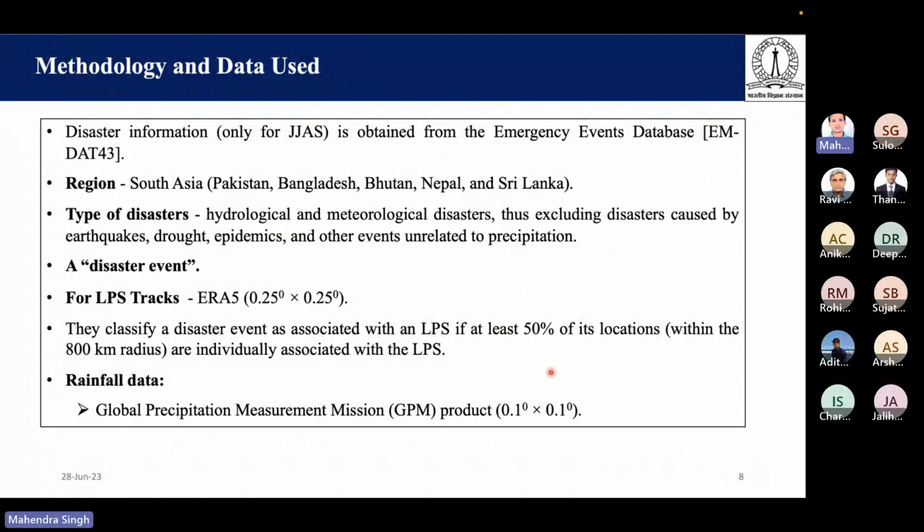They have introduced a term, the disaster event.